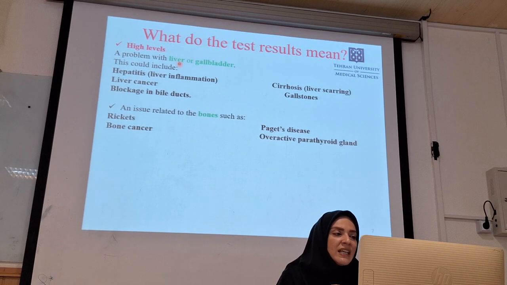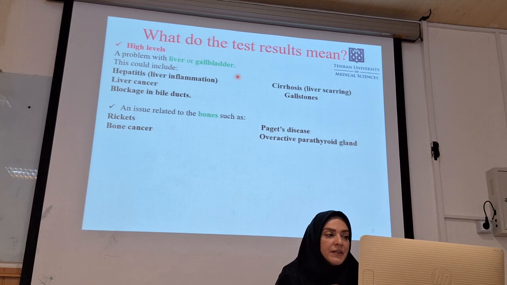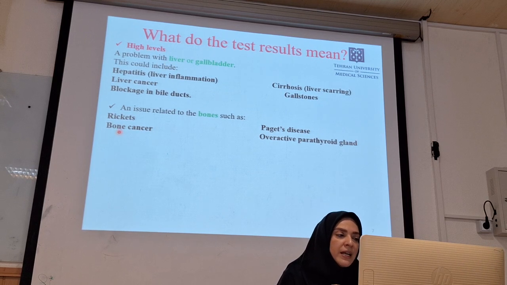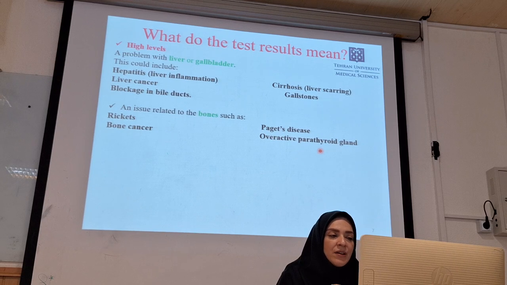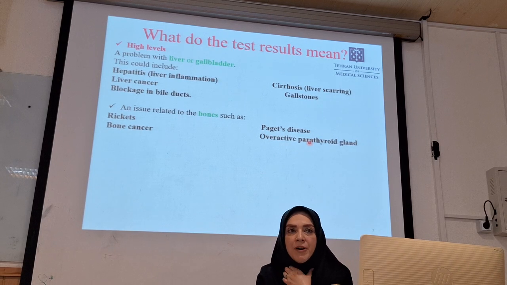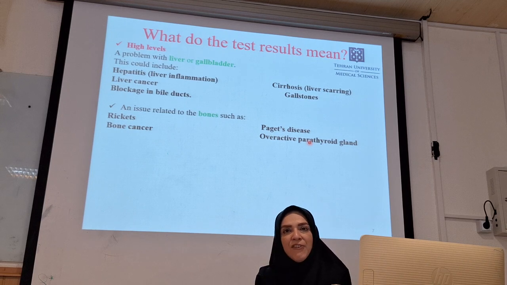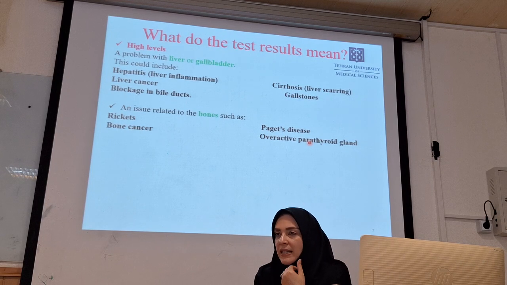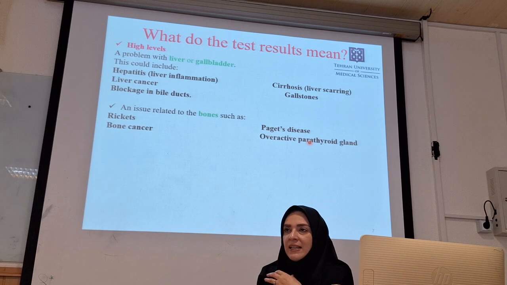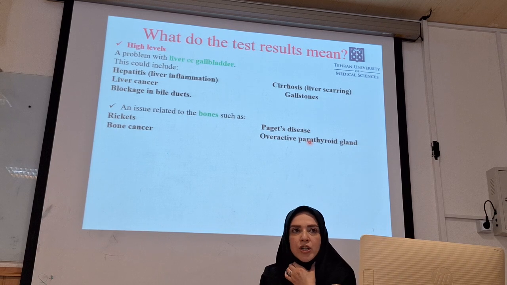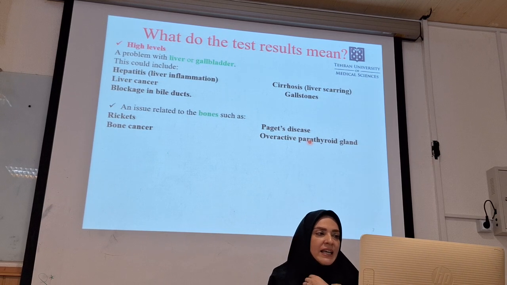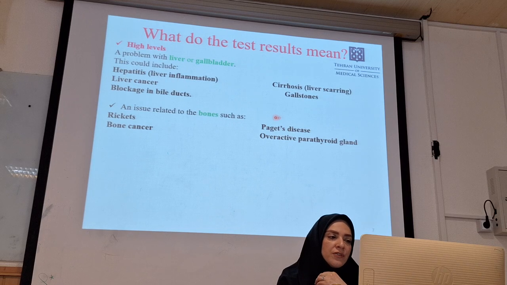These are related to the liver and gallbladder. About the bone, rickets, bone cancer, Paget disease, and as I mentioned, because parathyroid hormone can affect our bone, any situation that can increase or decrease the concentration of parathyroid hormone can affect the concentration of this enzyme.